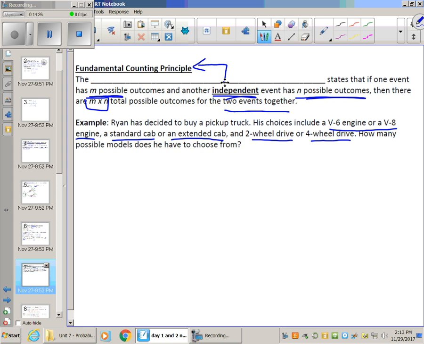We have 3 categories here. We have the engine he can choose, the type of cab he can have, and another option of the type of drive he can have, 4-wheel or 2-wheel.